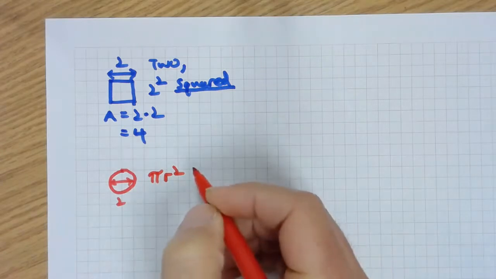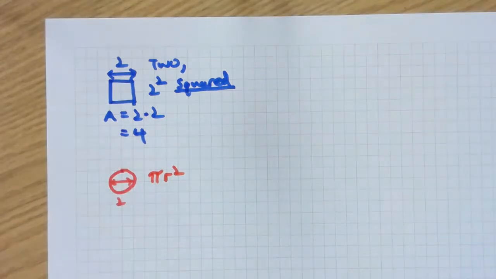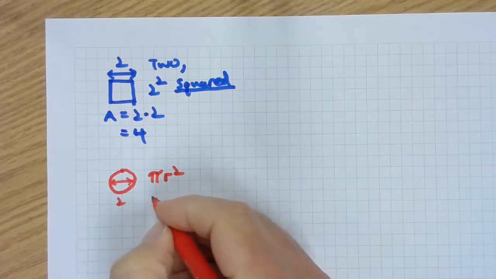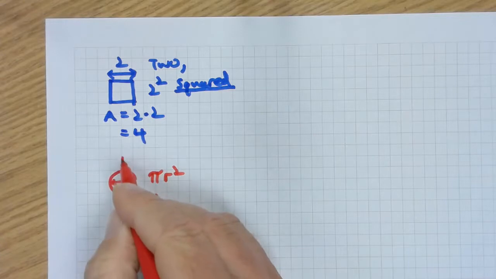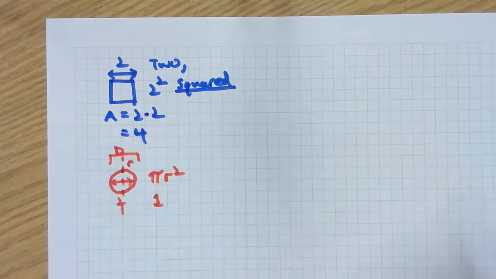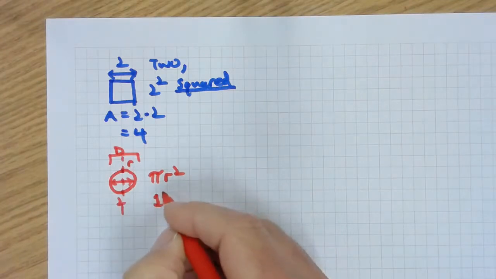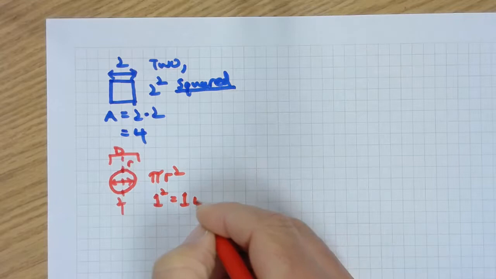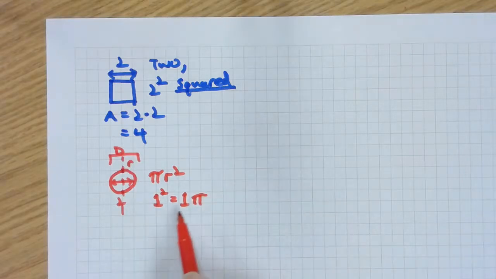So let's do that. We're going to use some background information that we have. And what is r in this case? 1, right? The radius is 1. The diameter is all the way across. So if I square that, I get 1. And if I multiply that by pi, well, technically I get pi.